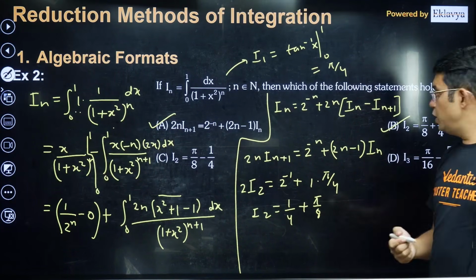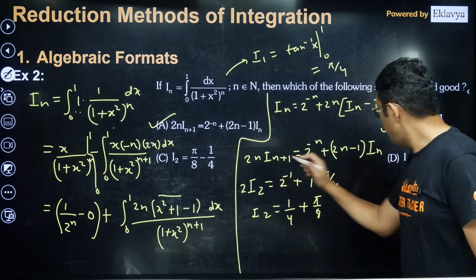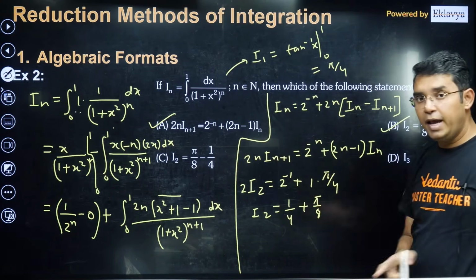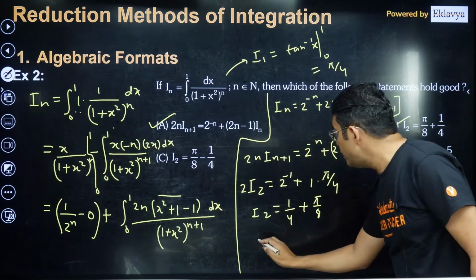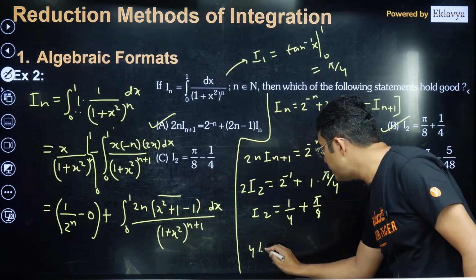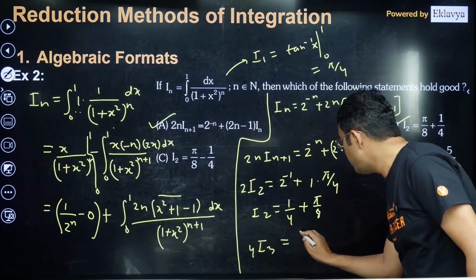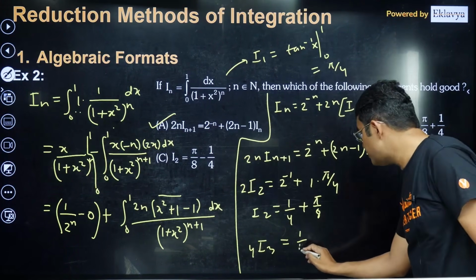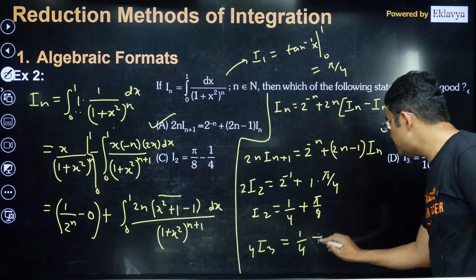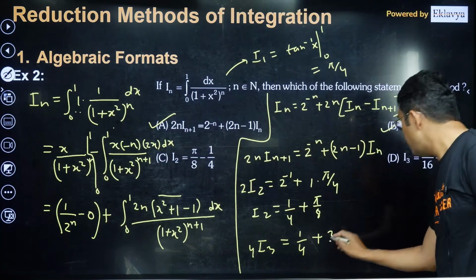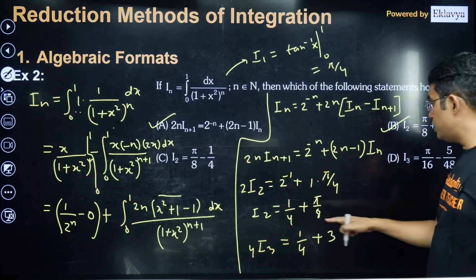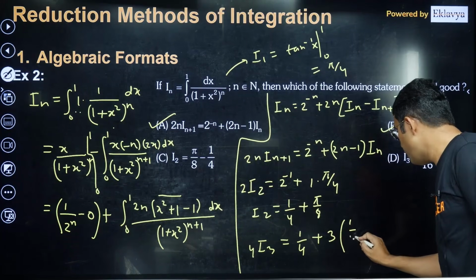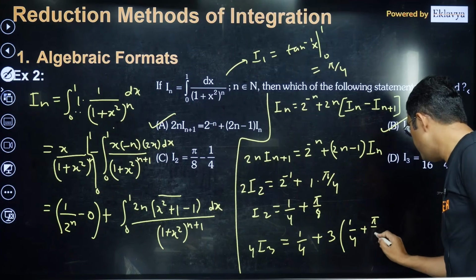So B is also correct. Now if we have to find I3, here we will be putting n is equal to 2. So n is equal to 2 will give you 2 into 2, 4. I3 is equal to, if you put n is equal to 2, it is 1 upon 4. If you put n is equal to 2, this will be 3 here. And if you put n is equal to 2, this will be 1 upon 4 plus pi by 8.